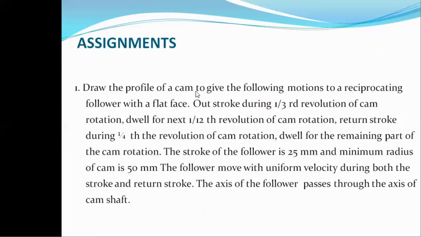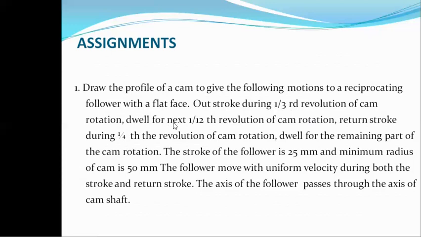Draw the profile of a cam to give the following motions to the reciprocating follower with a flat face. Outstroke in 1/3 revolution of the cam, that is 1/3 into 360 degrees, which gives 120 degrees of cam rotation.